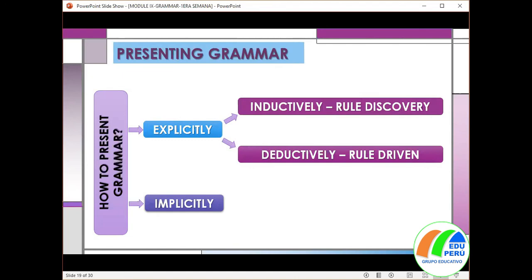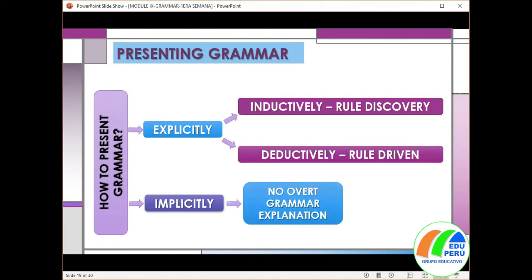So here, you are going to show the structure to your students. You explain. Deductively, inductively, we are going to change the procedures, but in general, they have in common that you make your students aware of this structure consciously. Notice, consciously. But in the other way, implicitly, there is no overt grammar explanation.